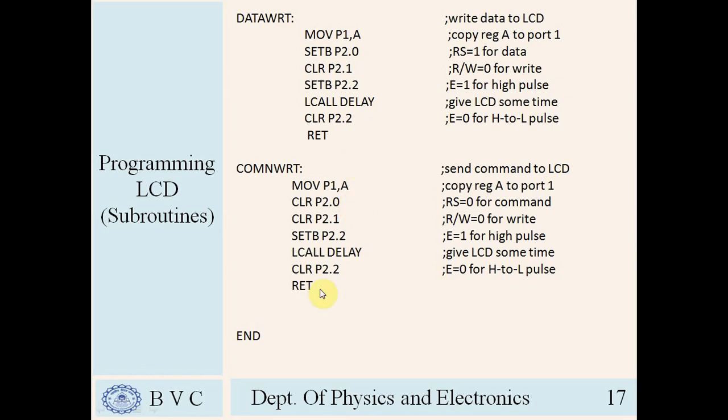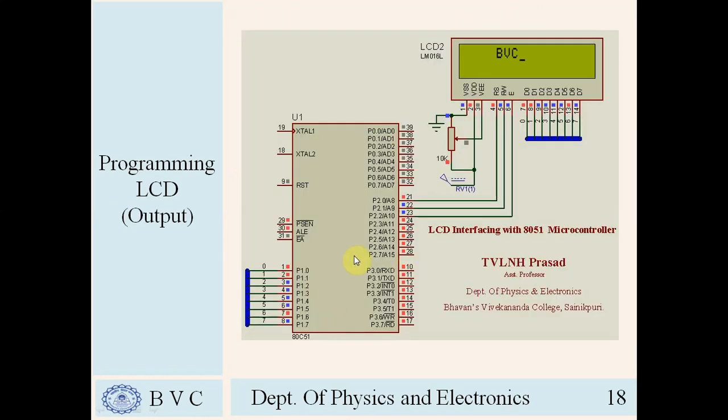The next one: in the next slide you can see that P1, port 1, is connected to the data pins, register select is connected to P2.0, read or write is connected to P2.1, and the enable pin is connected to P2.2.